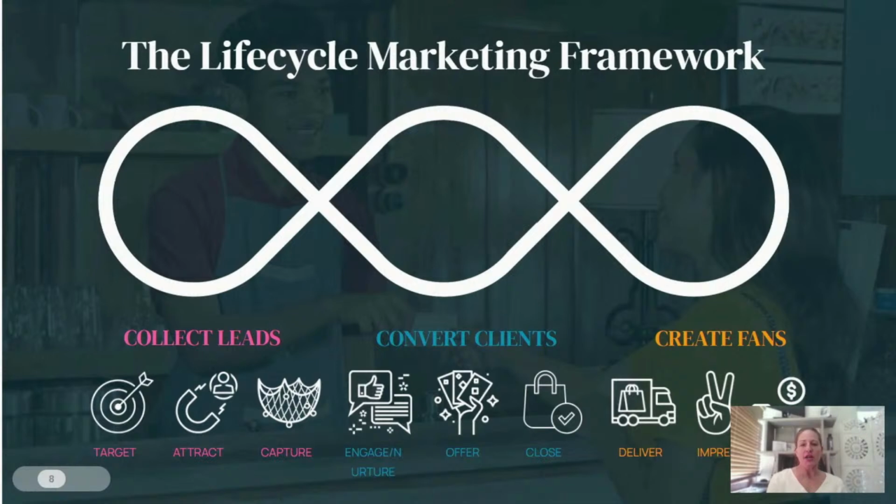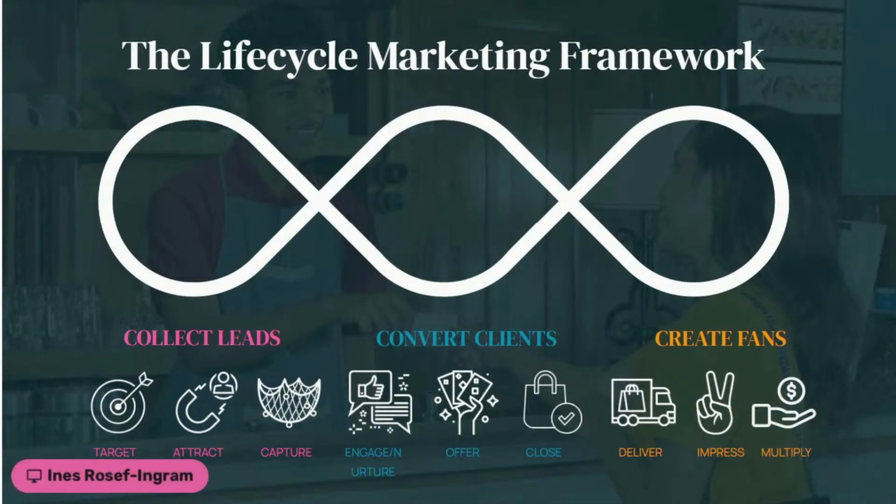And then, just putting a little bit in context how this looks, it's all interlinked. So we have collecting leads connected to converting clients, and converting clients connected to creating fans. Then creating fans is again connected to the ease of converting clients and to collecting leads.